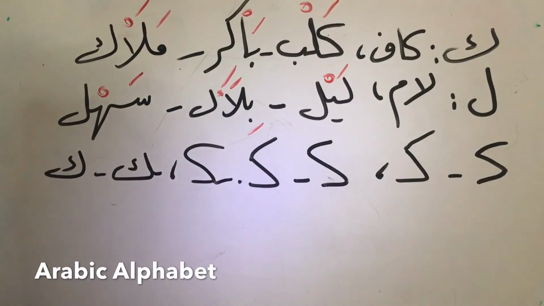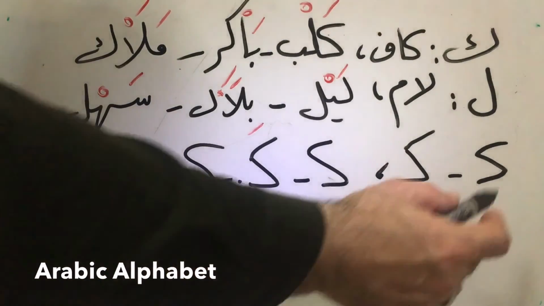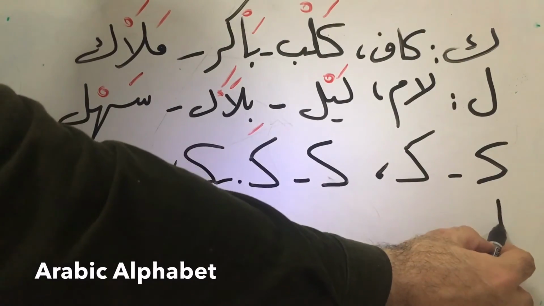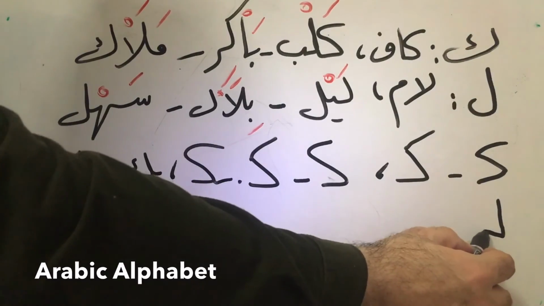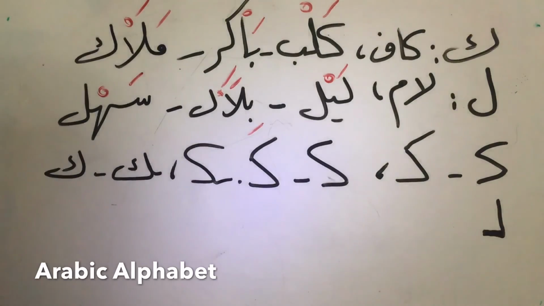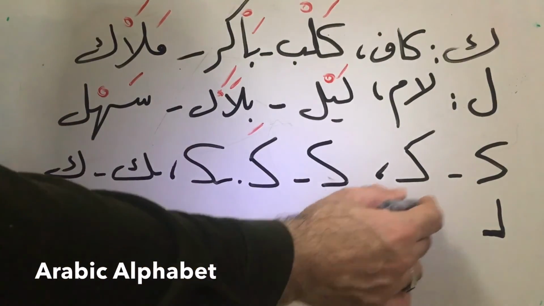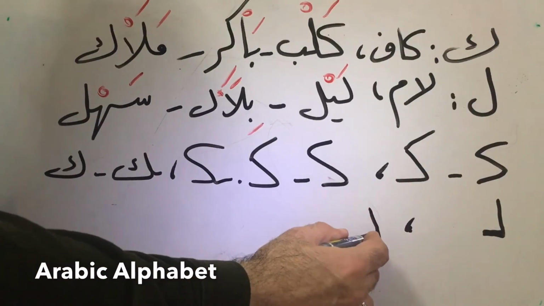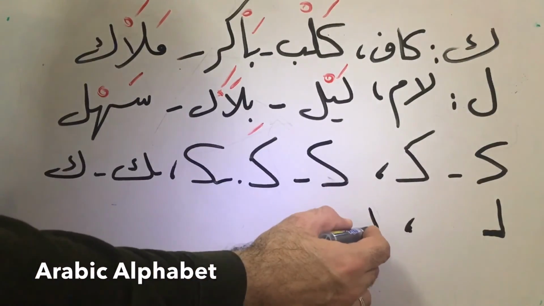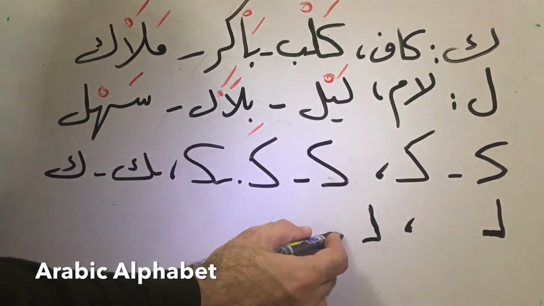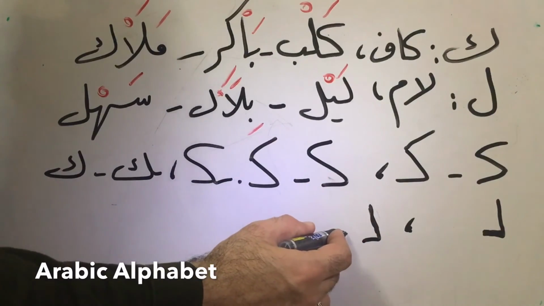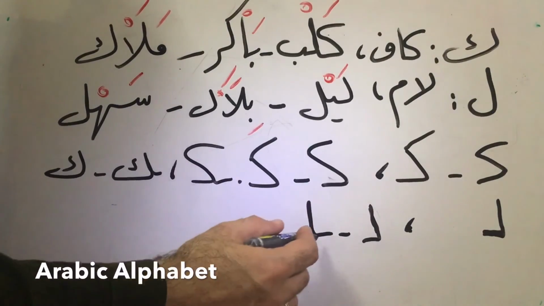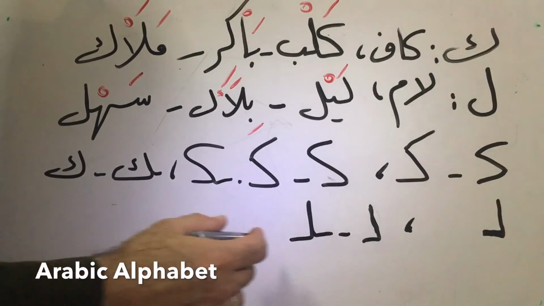Lam is different. Lam is like this. At the beginning of the word, it's like this. In the middle of the word, it is either like this, the same, like this, or it has hands before and after.